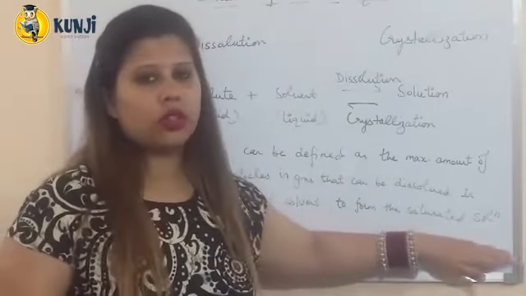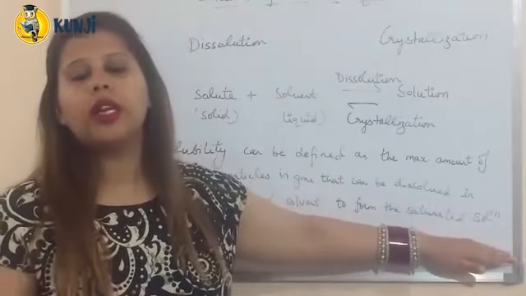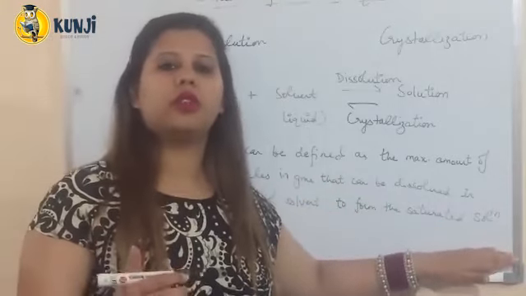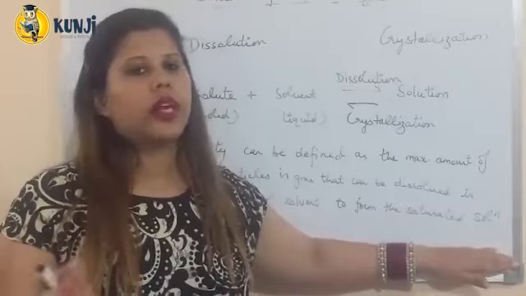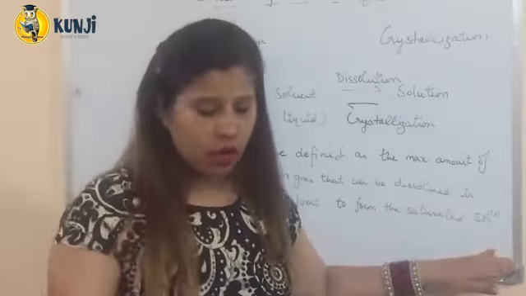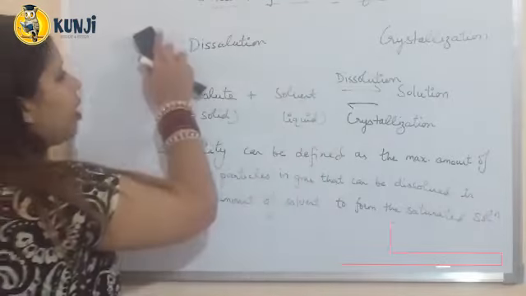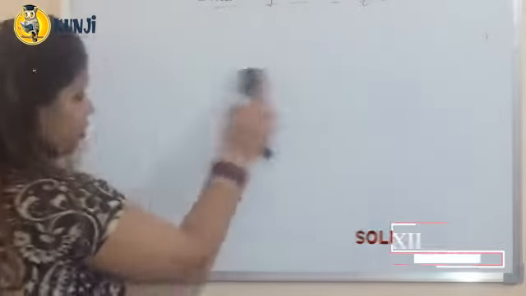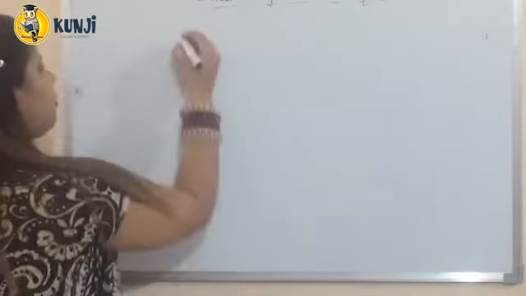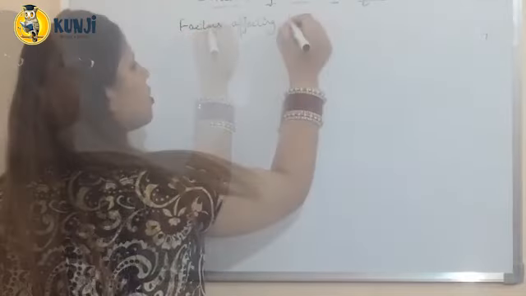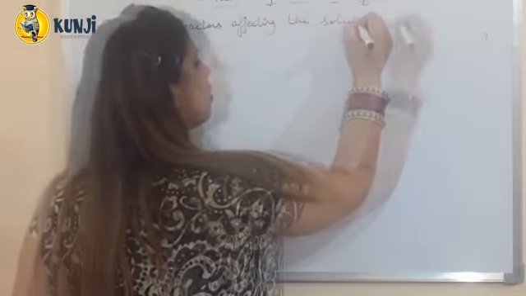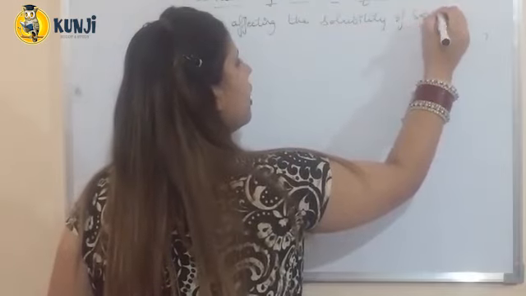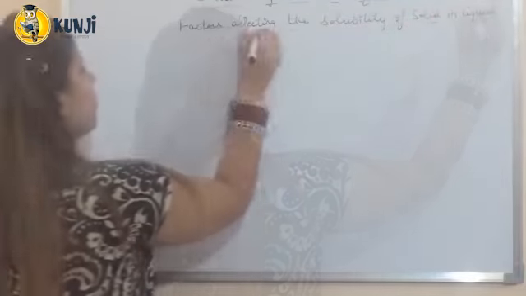So till the saturated solution we get the solubility, because we know very well that after saturation the more solute cannot be added. Now further, the solubility of solid in liquid depends upon the two factors. That is factors affecting the solubility of solid in liquids.